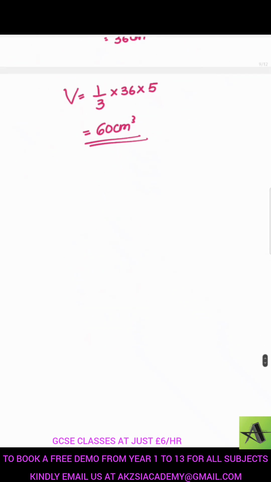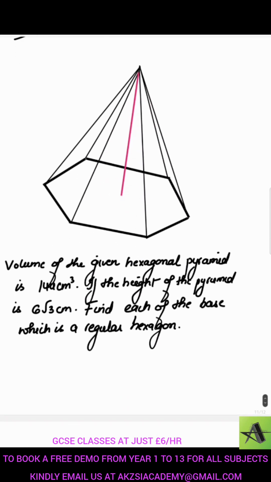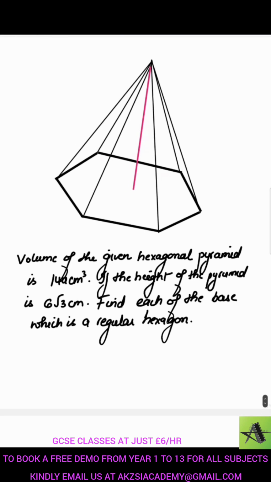Let me do one more question. The volume of a given hexagonal pyramid is 144 centimeters cubed. If the height of the pyramid is 6 root 3 centimeters, find the length of each side of the base, which is a regular hexagon.